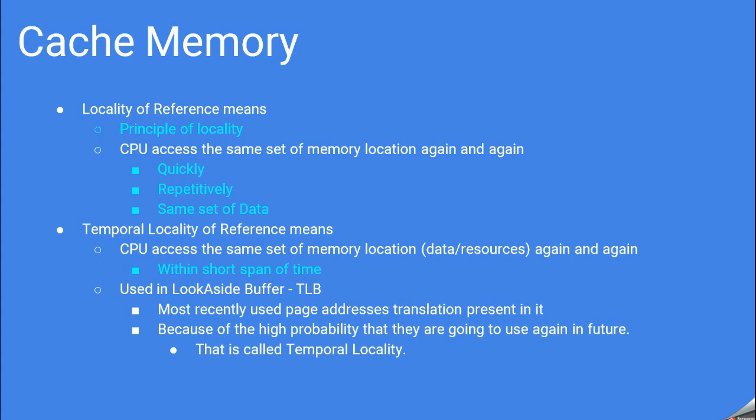The CPU wants to access a memory location, maybe data or a resource, again and again within a short span of time. If something is being accessed again and again, there is a probability that it will be accessed again, so there we use the concept of temporal locality.